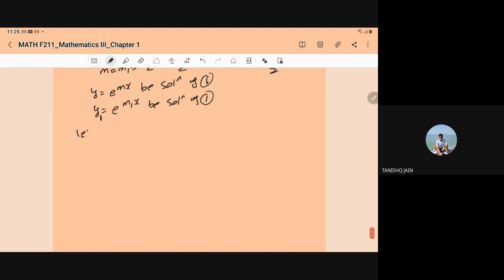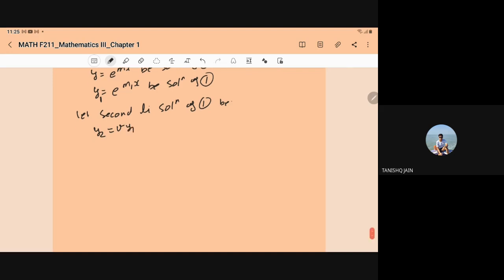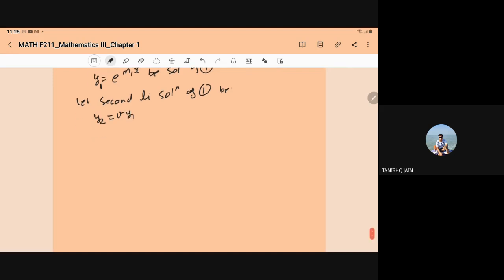So let the second linearly independent solution of the first be y2 is equal to v of y1, v times y1, and where v is equal to what?